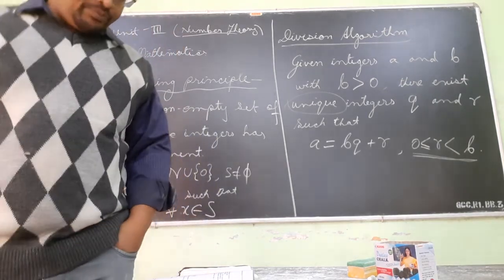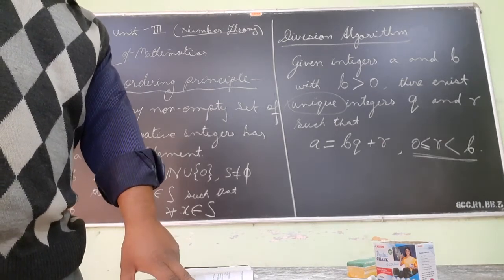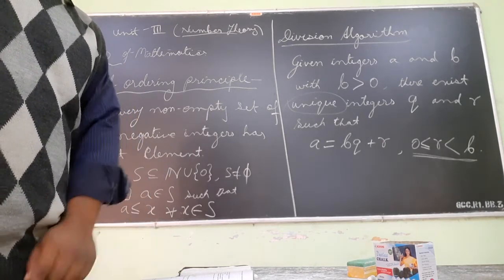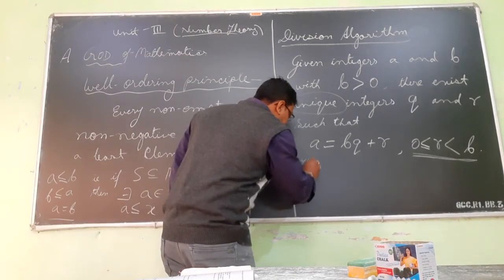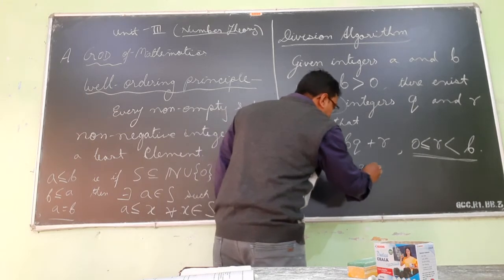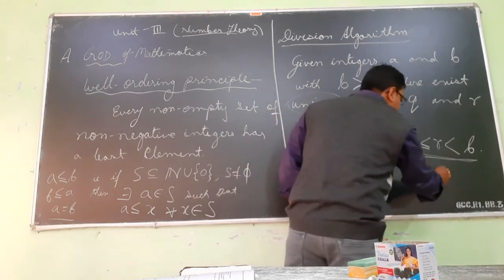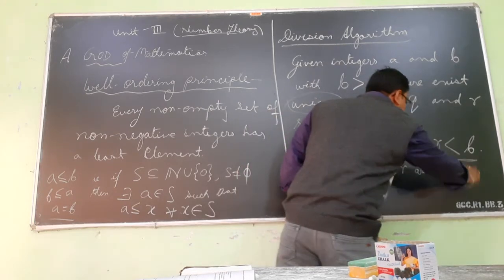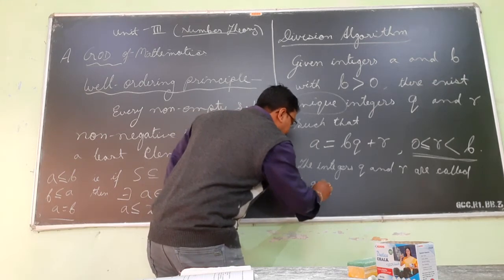Given integers a and b with b greater than 0, there exist unique integers q and r satisfying a equals bq plus r. The integers q and r are called the quotient and the remainder.